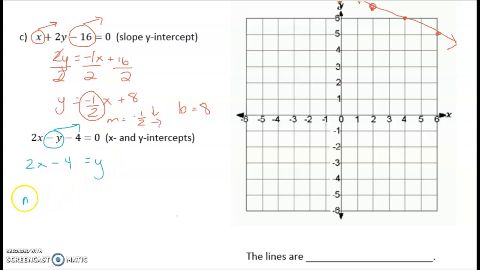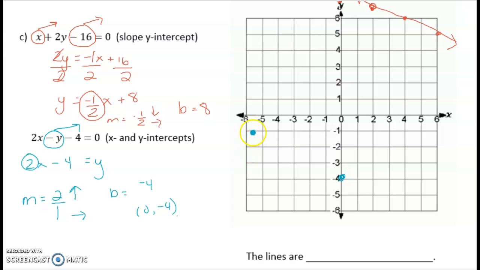So my slope is my number in front of my x, which is my 2. So it's a 2 over 1. And then my y-intercept happens at negative 4. So just a reminder, x is 0, y is negative 4. So it's down here. So there's my negative 4.